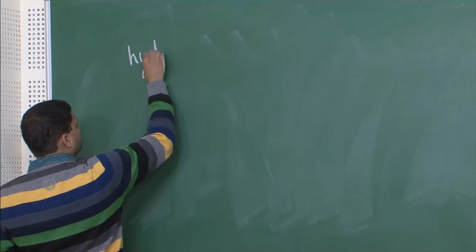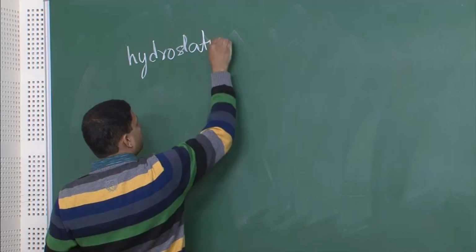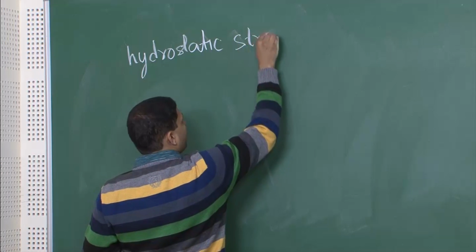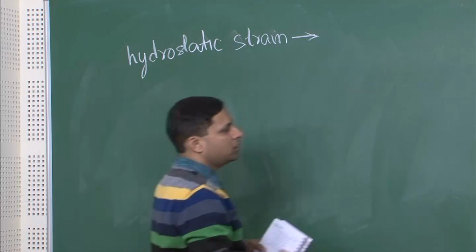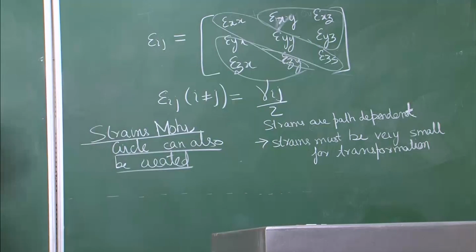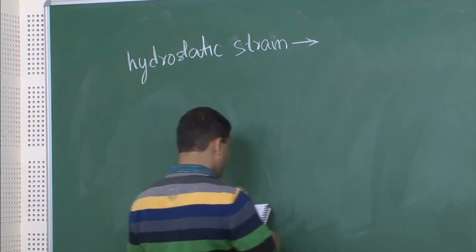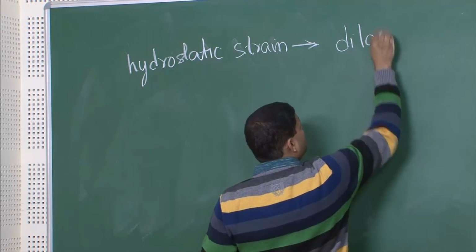Hydrostatic strain. What is the hydrostatic strain? Hydrostatic components are the diagonal components and deviatoric components are the non-diagonal elements. So, hydrostatic strains are the ones which cause dilation or volume change.